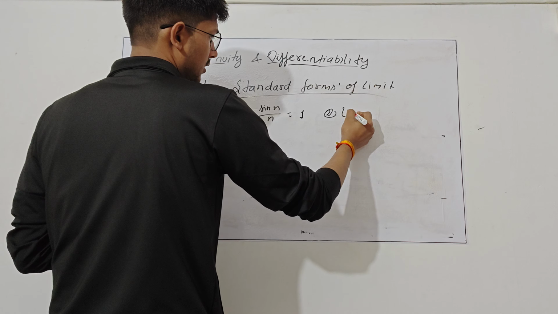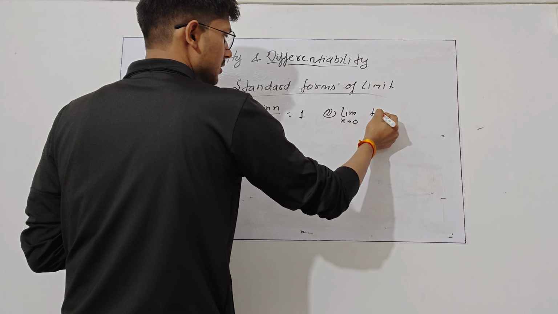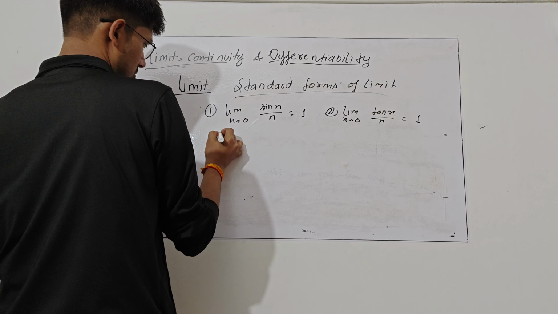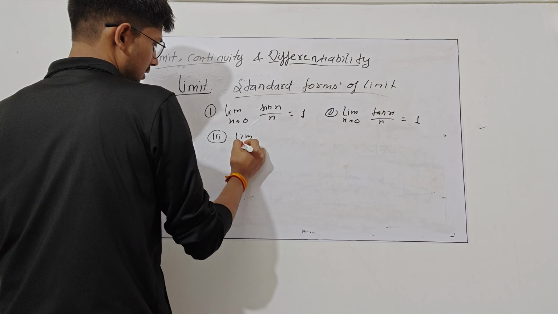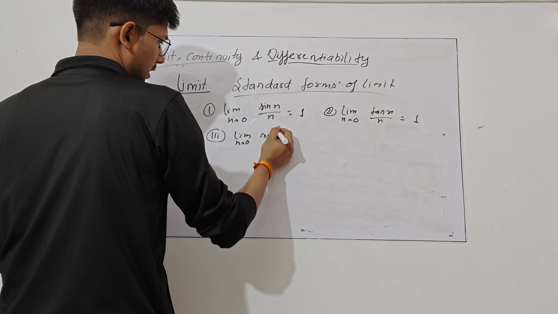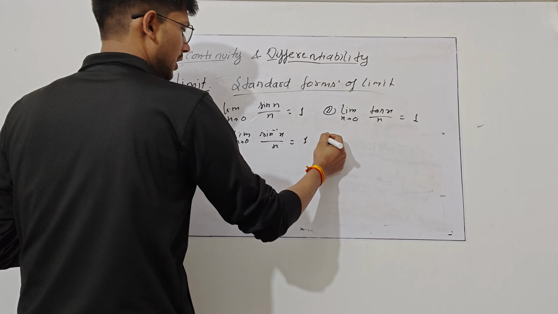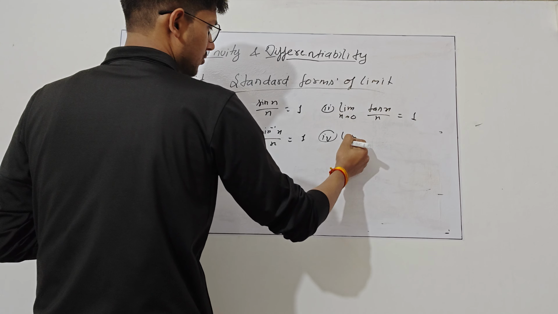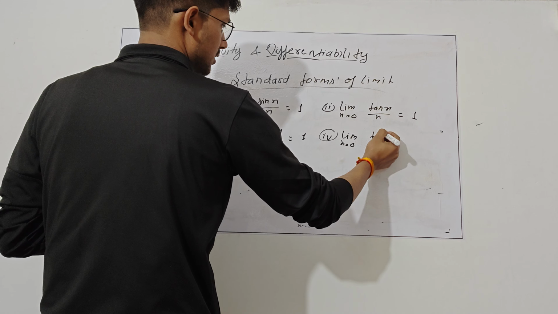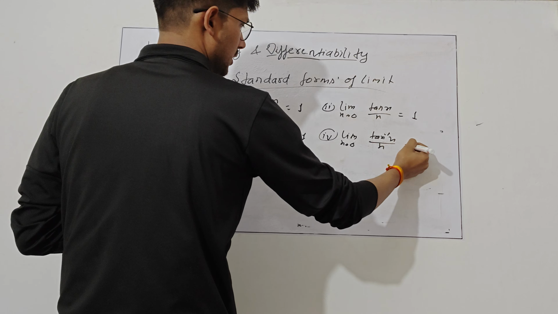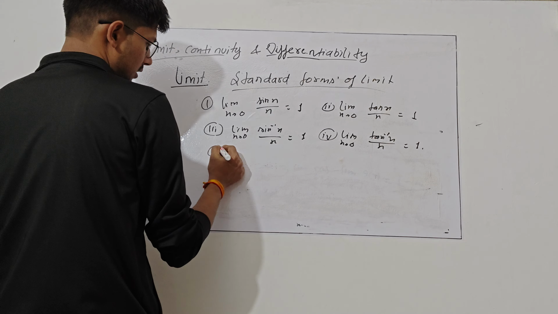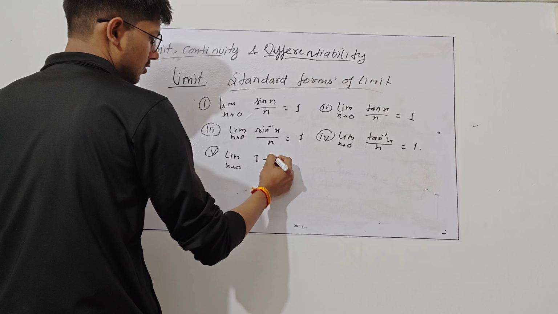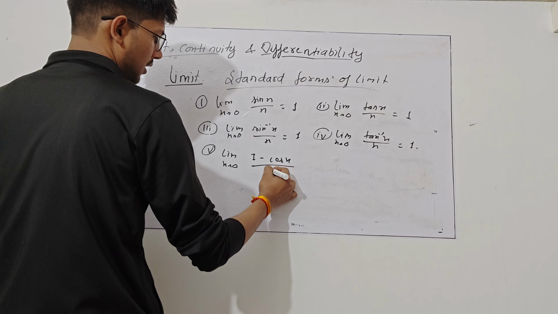Second, limit x tending to 0 of tan x by x is also 1. And this is the same in the inverse: limit x tending to 0 of sin inverse x upon x is also 1, and limit x tending to 0 of tan inverse x upon x is also 1. Fifth is limit x tending to 0 of 1 minus cos x upon x square.